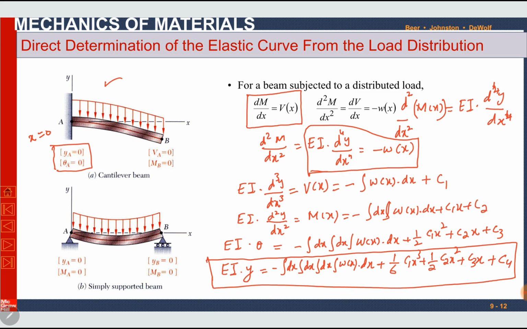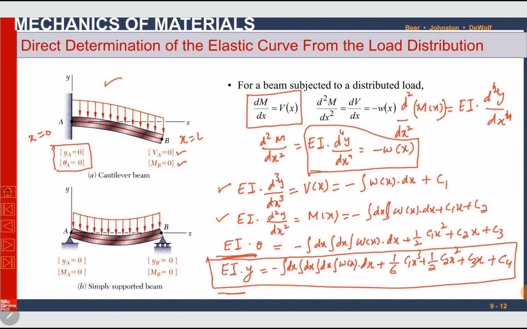We can put these boundary conditions into the deflection equation and slope expression. Similarly, at x equal to L, we have shear force equal to 0 and moment equal to 0. So we can use the shear force equation and moment expression. So totally we have 4 boundary conditions, and we can find 4 unknowns C1, C2, C3 and C4.